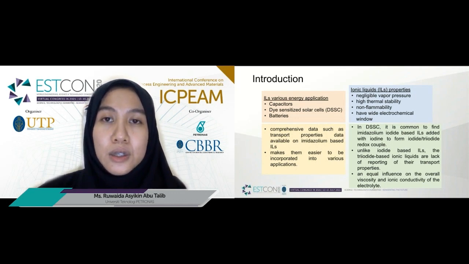These ionic liquids were then characterized using proton NMR, and their transport properties such as viscosity and ionic conductivity were explored. This study is hoped to shed light on the suitability of triiodide-based ionic liquids to be incorporated into different energy applications.